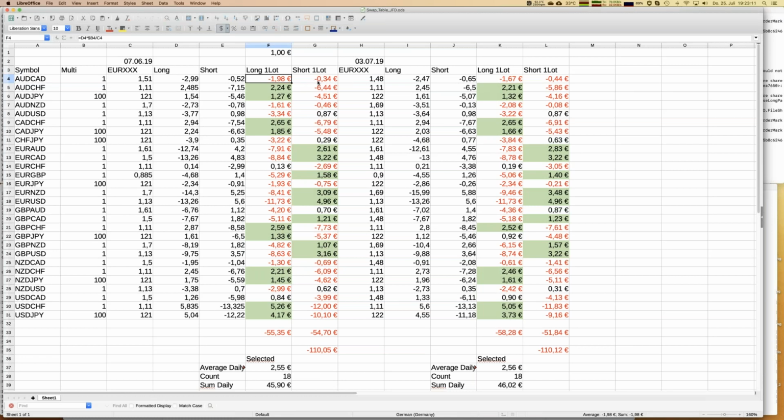That's exactly the story behind that we have both negative numbers here. But you see already, next line, Australian dollar, Swiss franc, okay, good for a long trade, more than €2 per night if you trade 1 lot. On the other hand, a short trade would cost you €6 per night.